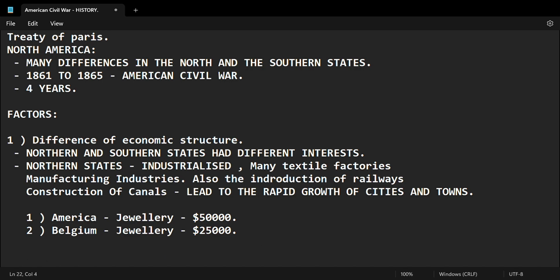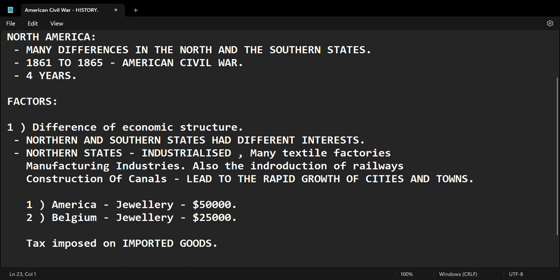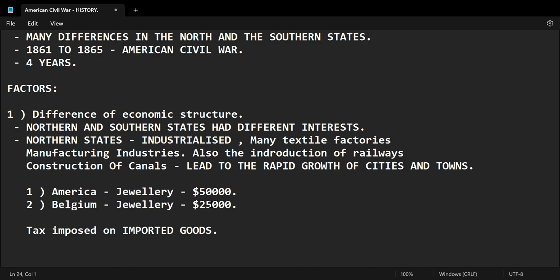So there was a tax imposed on imported goods so that no competition occurs. Example, if you get jewelry for 25,000, America will also take a lot of tax. That is why people will prefer to buy from America rather than Belgium, even though it has cheaper rates.